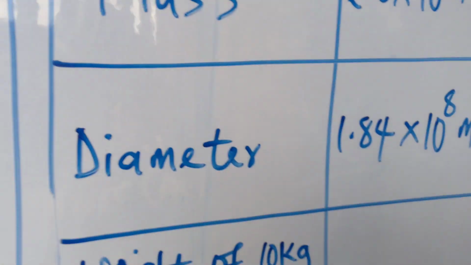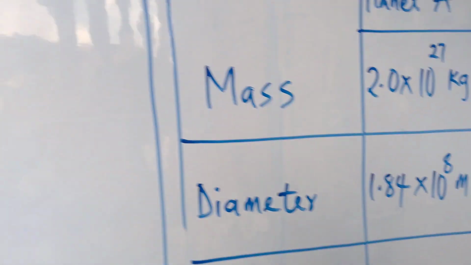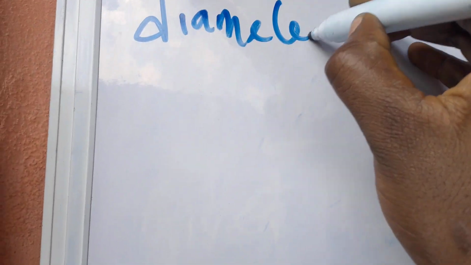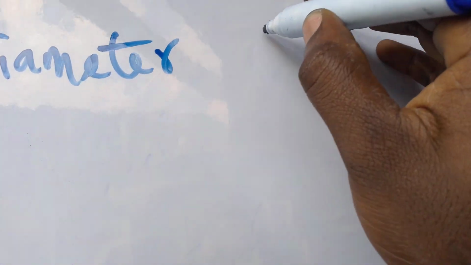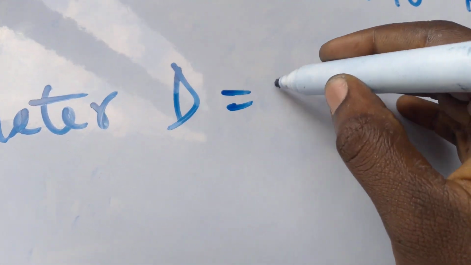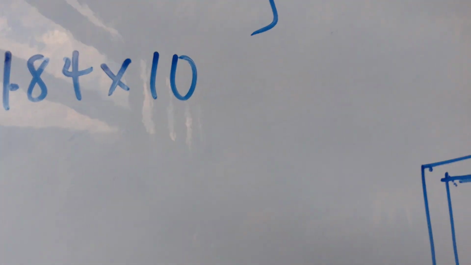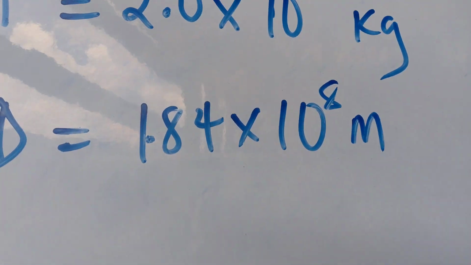Then we'll also take the diameter. Diameter is given to us as 1.84 times 10 raised to power 8 meter.